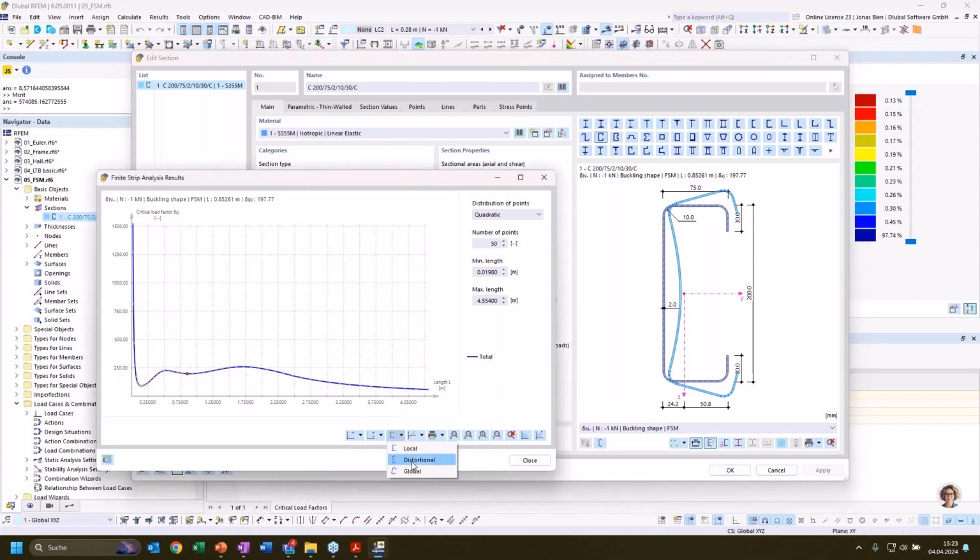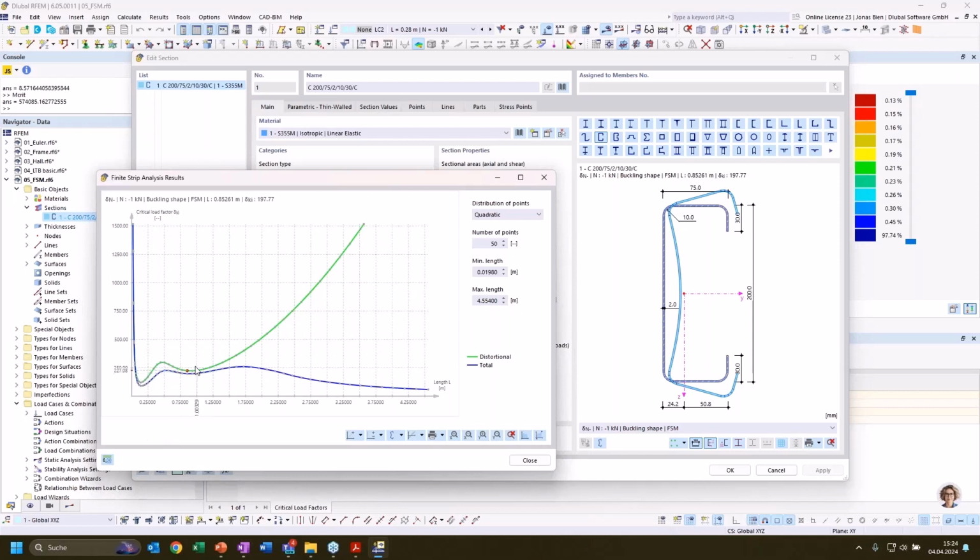And it also has a practical use. For cold-formed design within our steel design add-on, we use the distortional buckling curve evaluated on the basis of this finite strip method to evaluate the effective sections of our cold-formed section.